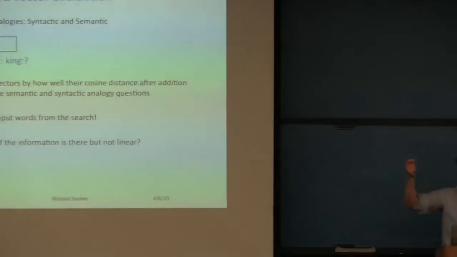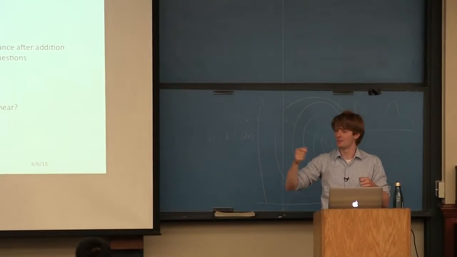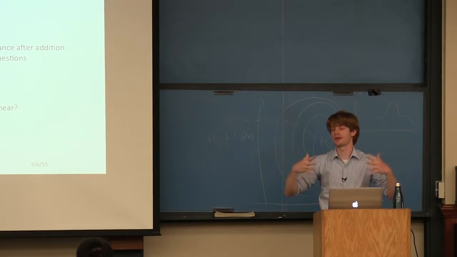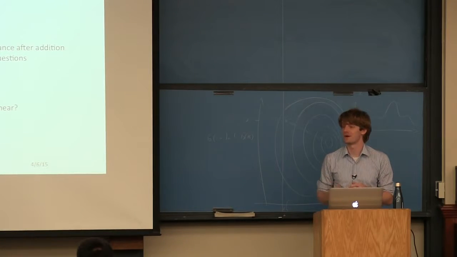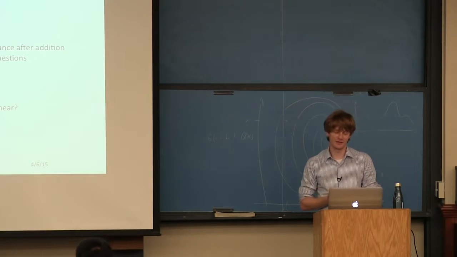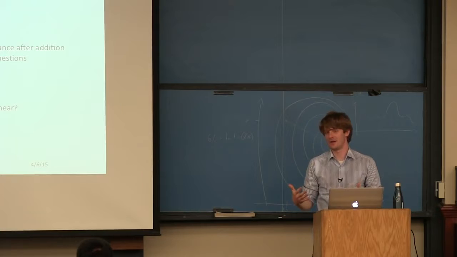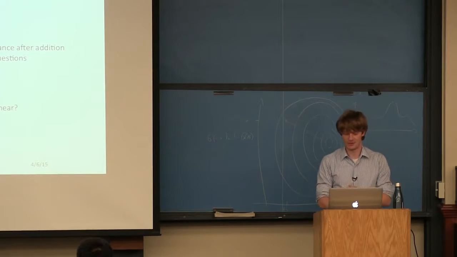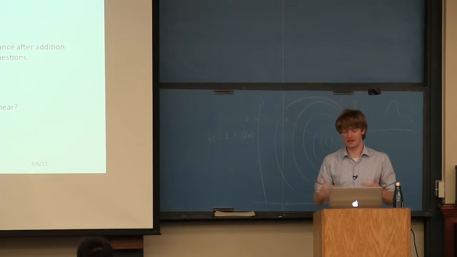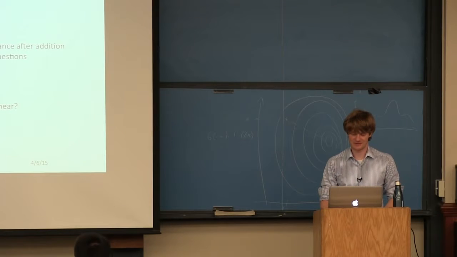It's not this vector plus that vector minus this other one, but you pipe them through some complex nonlinear function, neural network kinds of functions that we'll go through later in the class. So just because you don't do well on this doesn't necessarily mean your word vectors don't have this information in them. But of course, if it is in there and it's very linear, that's very nice.